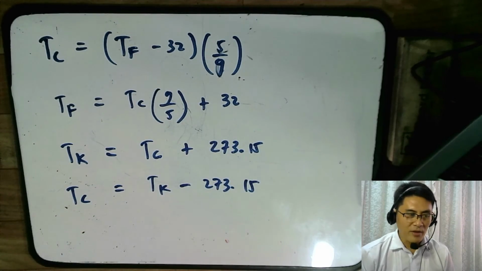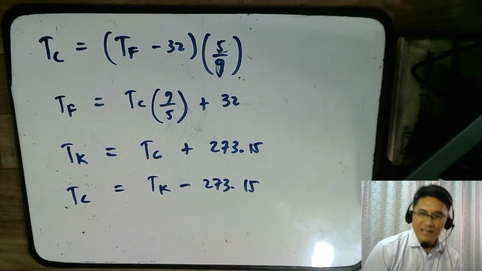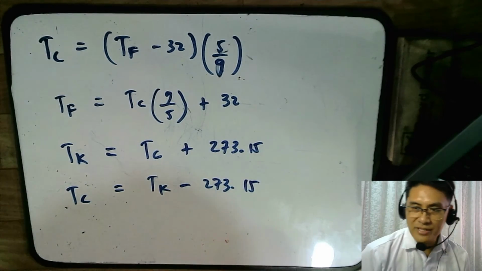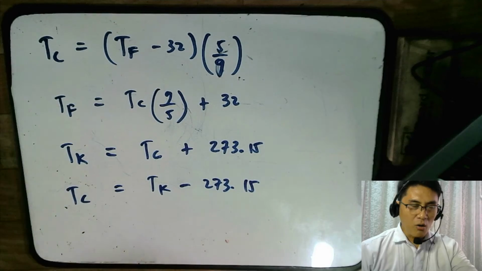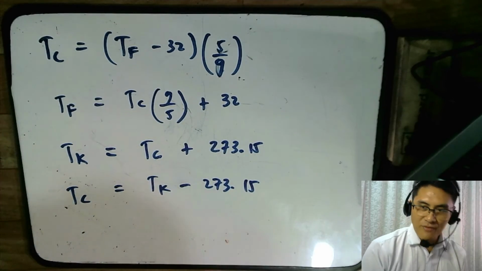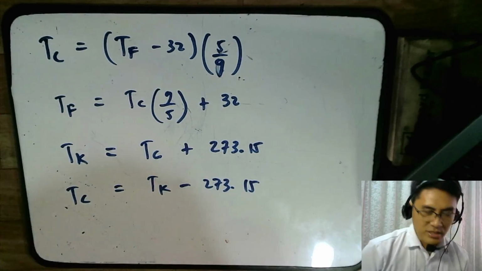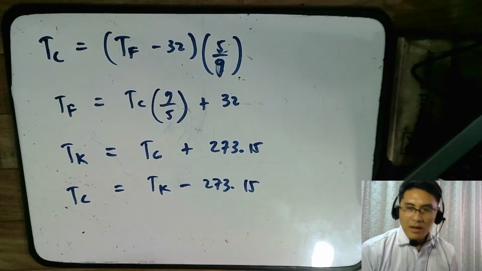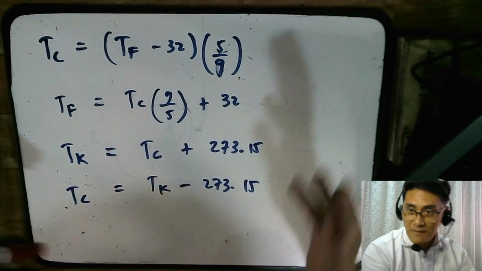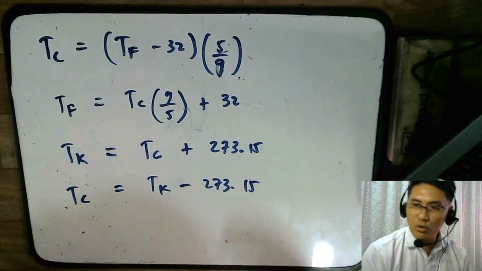And then you have to remember that 0 Kelvin is set at negative 273.15 Celsius. And then 0 Celsius is 273.15 Kelvin, and 100 Celsius is 373.15 Kelvin. And the rest, the formulas, you can just construct from scratch. Okay? So again, that's the idea there.